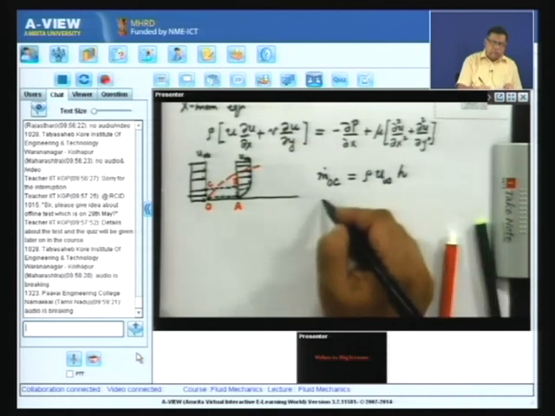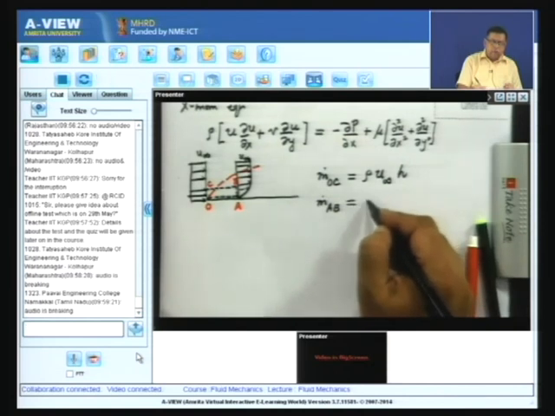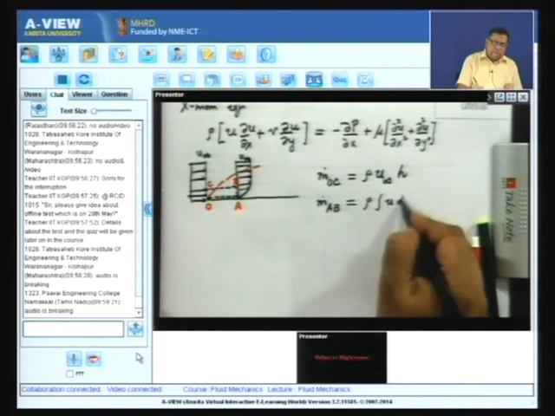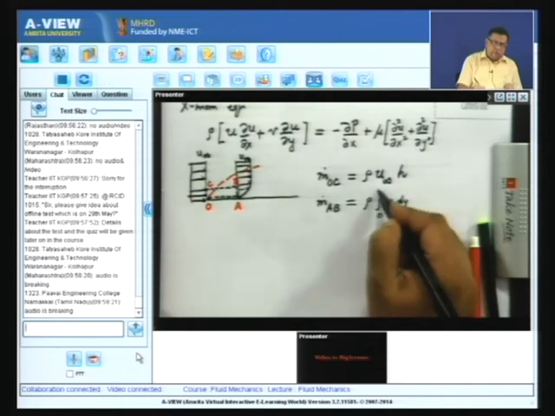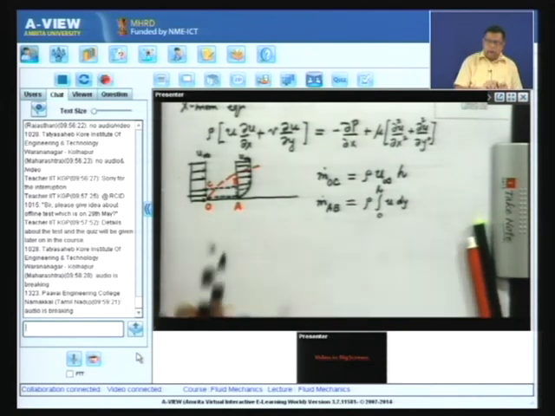Now, the mass flow rate through A B will be, if rho is constant, rho into integral of u dy from 0 to h, and this is going to be less than m dot O C.